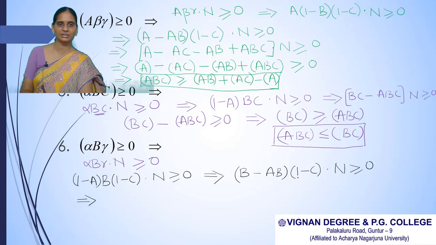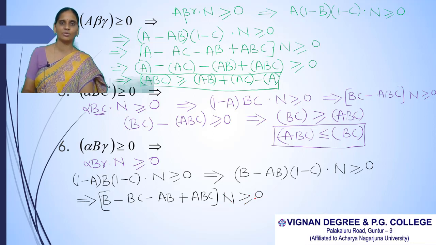And this implies B minus AB into 1 minus C. We get B minus BC minus AB plus ABC into N, which is greater than or equal to 0.